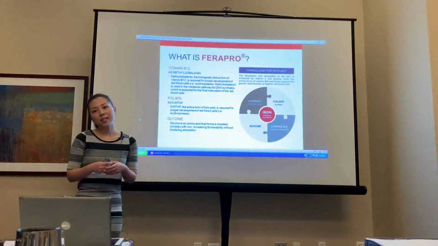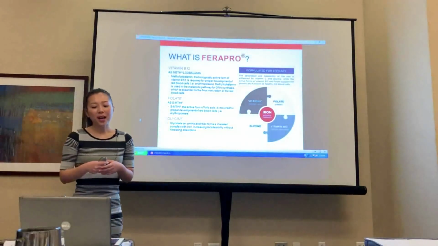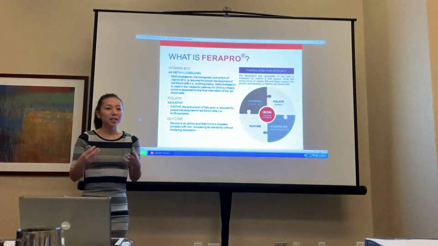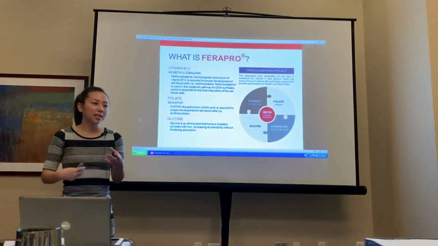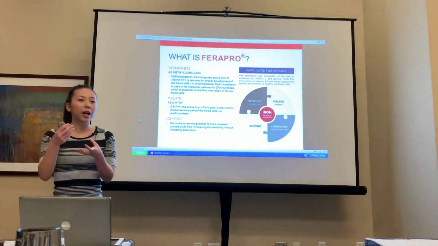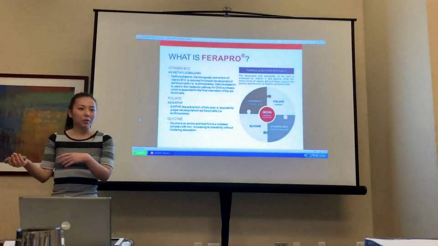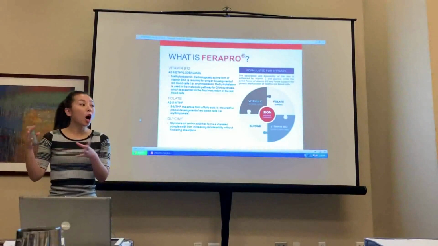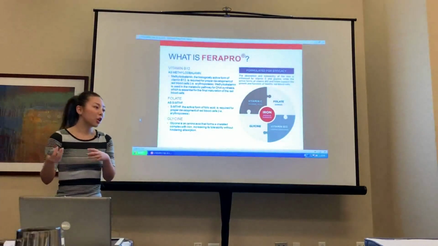Finally, we have glycine. This is our magical ingredient. So glycine is an amino acid, and what it does when it's in this formula, when it gets solubilized in the body, is it forms a chelate complex with the iron ion. So we know, for example, other products that form a complex with iron that's touted to be more bioavailable and better tolerated.